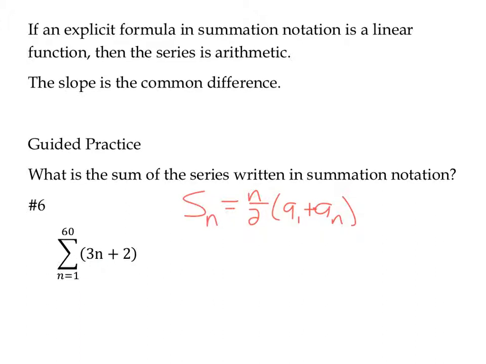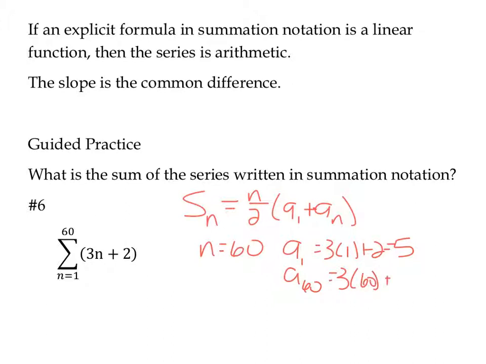So let's find a sub 1. Our n, as we know, is 60. A sub 1 is 3 times 1 plus 2, so that comes out to 5. A sub 60 is 3 times 60 plus 2, which is 182.